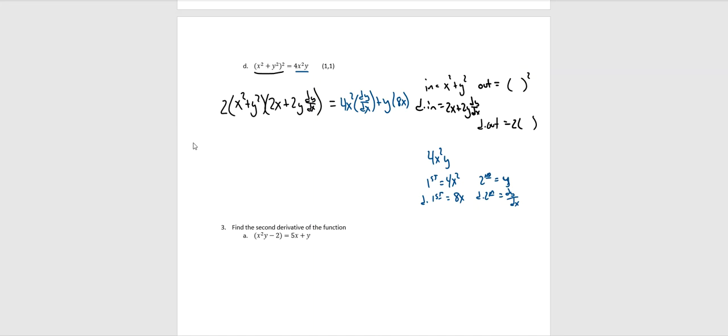I'm going to write a simplification step as we distribute. Clean this up a little bit.